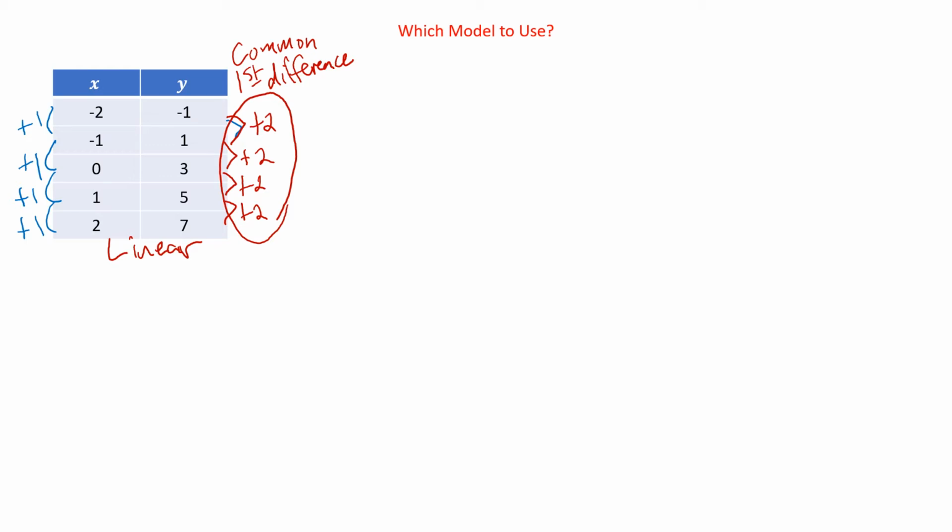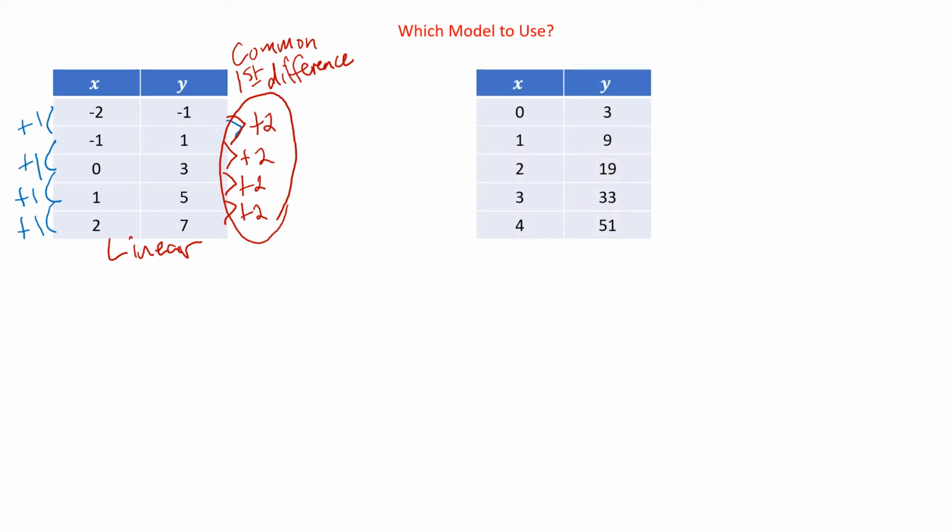Now, when we get into real world situations, they might be really close, but not perfect. Just like I mentioned in the last one, we've got some variation that might go on where it won't perfectly fit the model, but it would still be a good model. But in this case, +2, +2, +2, +2, that's all the same. So that means it's linear.